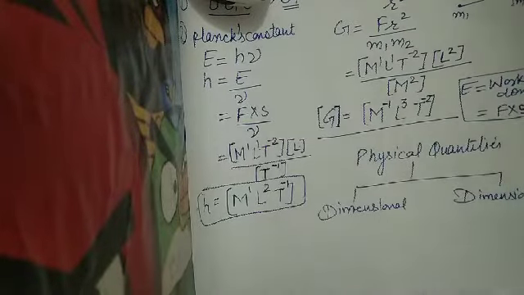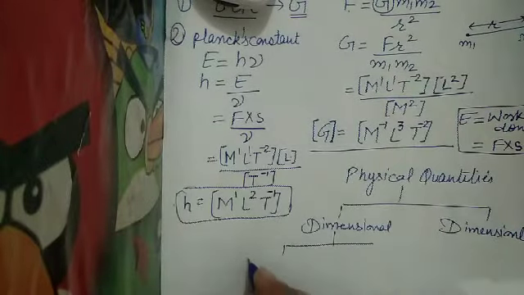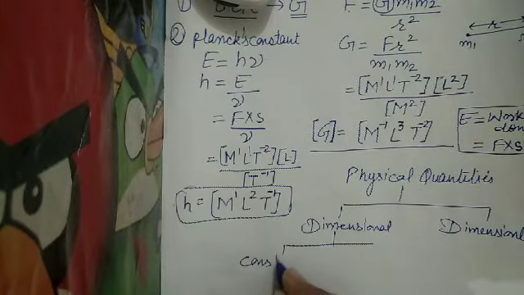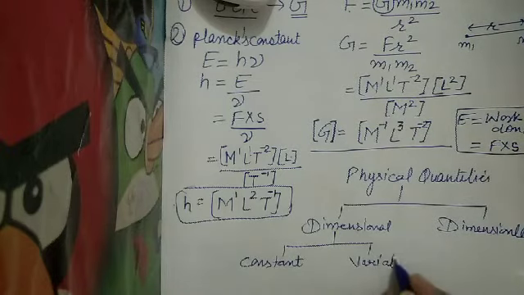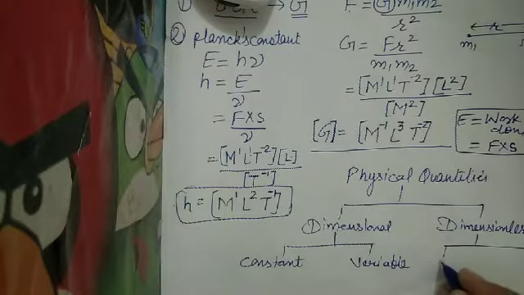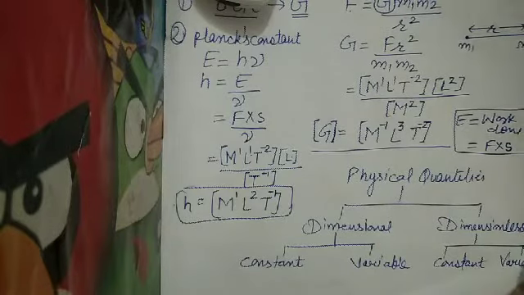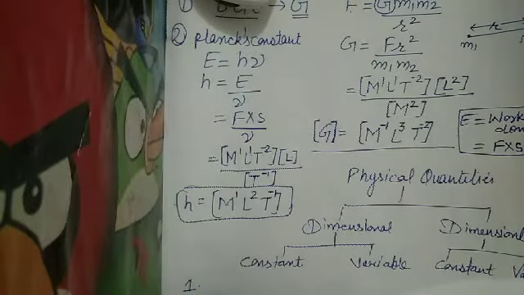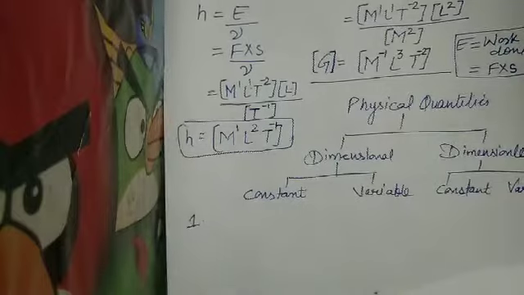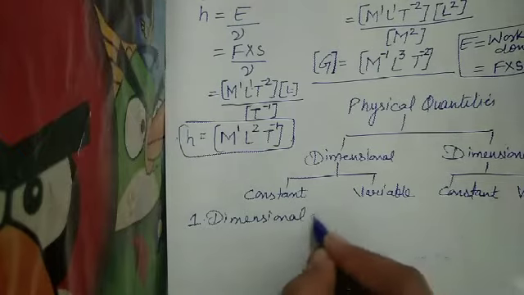These can be further classified into two groups each: dimensional constant and dimensional variable, dimensionless constant and dimensionless variable. So there are a total of 4 types of physical quantities on the basis of dimension. The first one is dimensional constant.